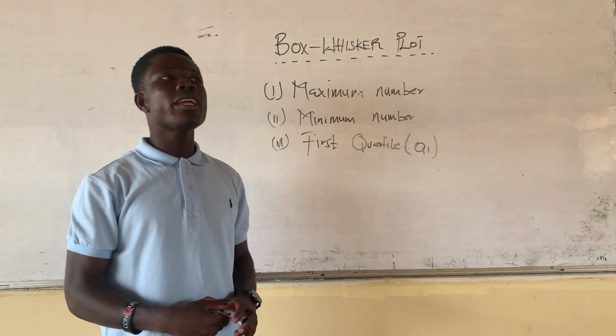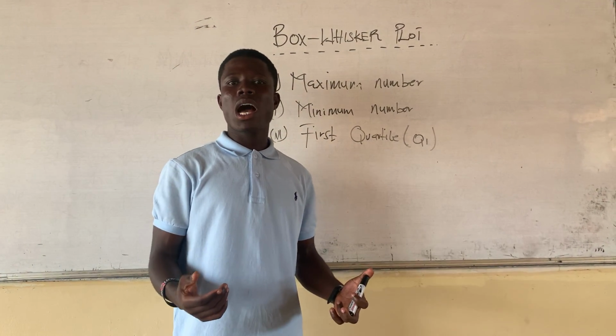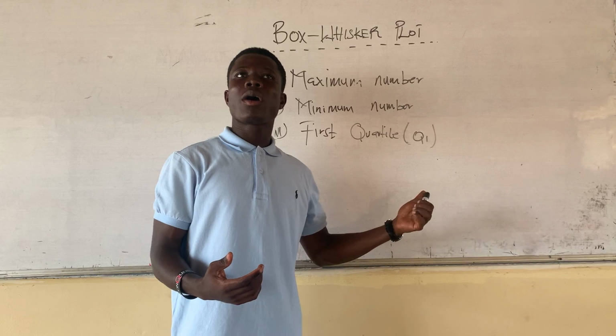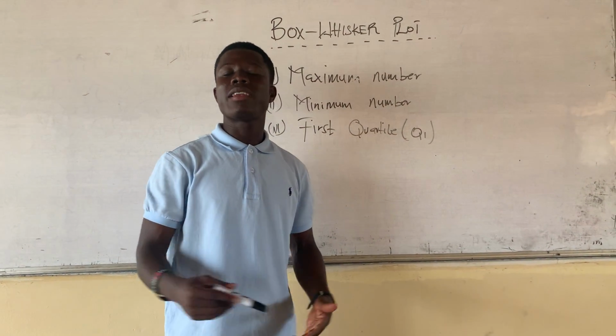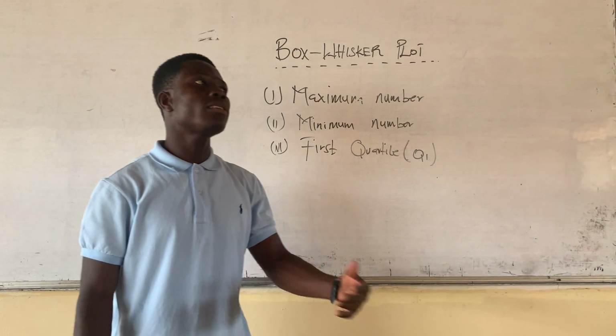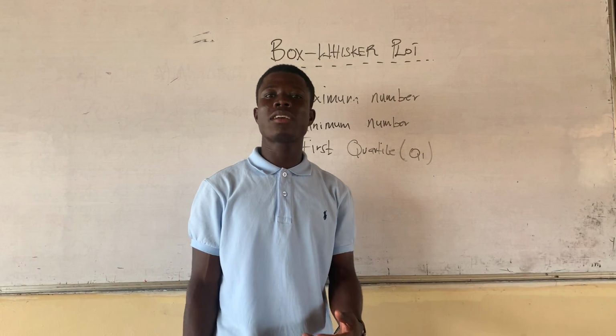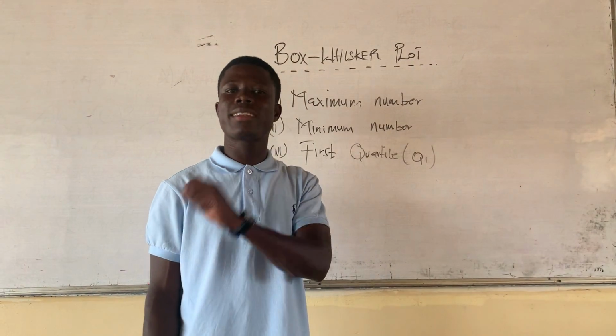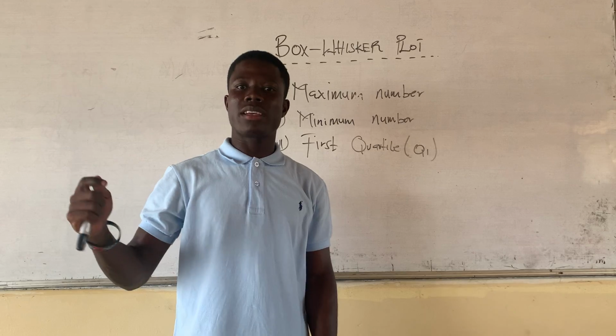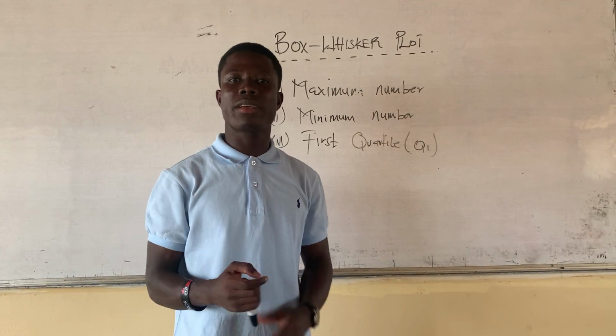So in every given data set, how may we know this data represents the first quartile? In the representation of the first quartile, we are saying that the first quartile is greater than 25% but less than 75%.